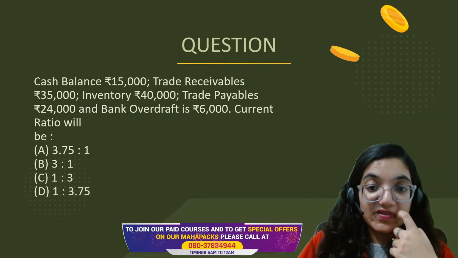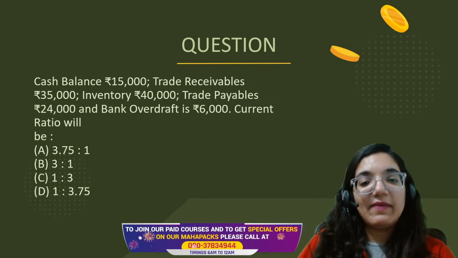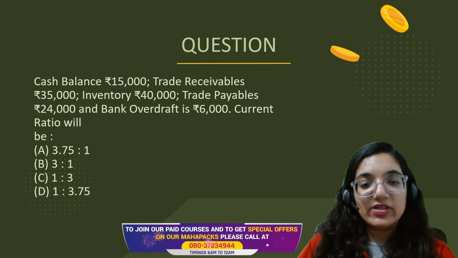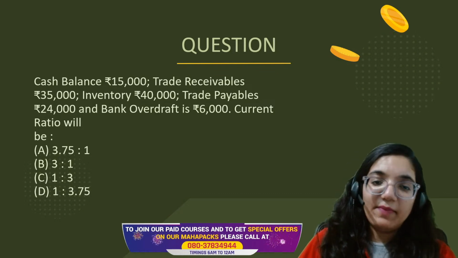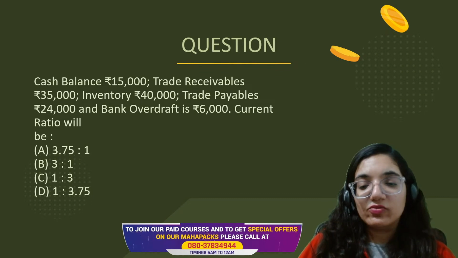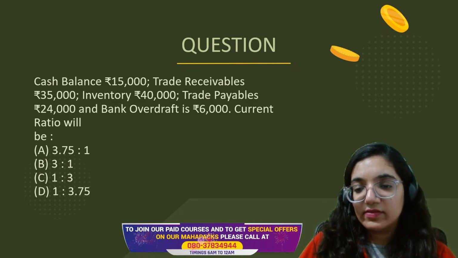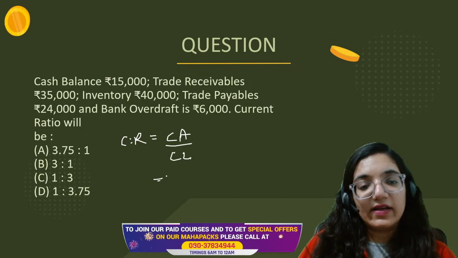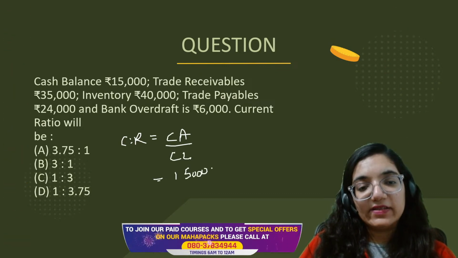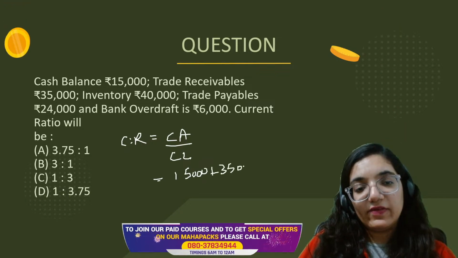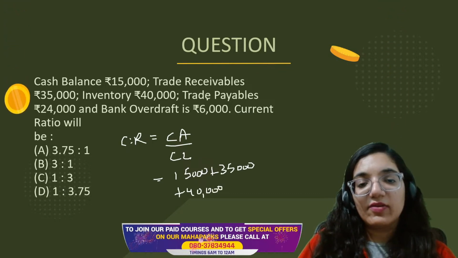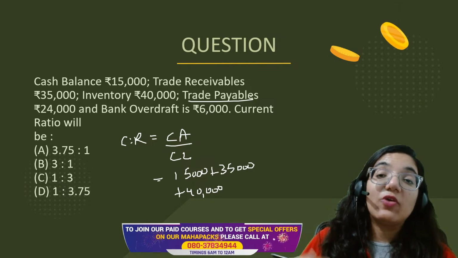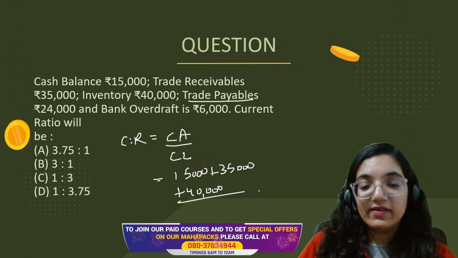Here comes the first question, a numerical based question. Cash balance is given, trade receivables are given, then we are given inventory, trade payables and bank OD along with current ratio. You have to find the current ratio. For current ratio, it is going to be CA upon CL. Our current assets are 15,000 of cash balance, trade receivables of 35,000, inventory of 40,000. That's it. Why? Because trade payable is given, the money which I owe to someone else, that would be the divisor.